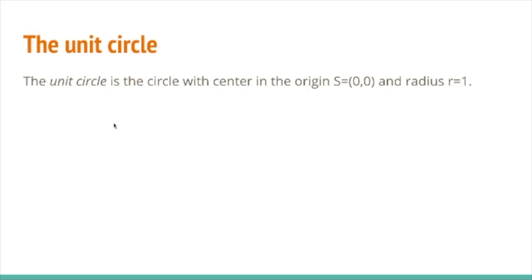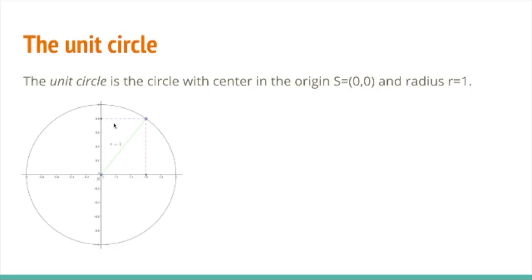The unit circle is the circle with center in the origin (0, 0) and radius equal to 1. So it looks like this. You have a circle, the radius is 1, and the center is in the origin, so the x-coordinate 0, y-coordinate 0.